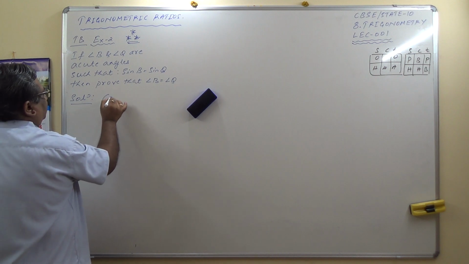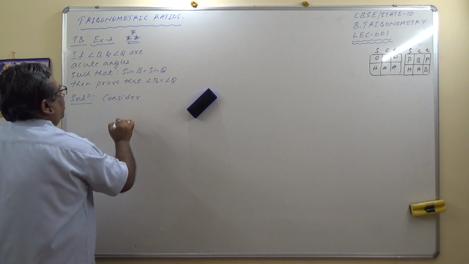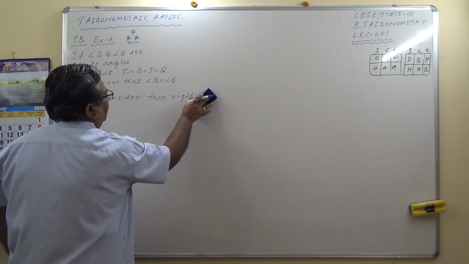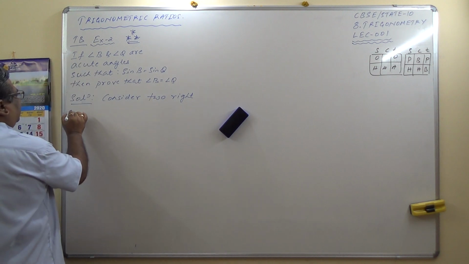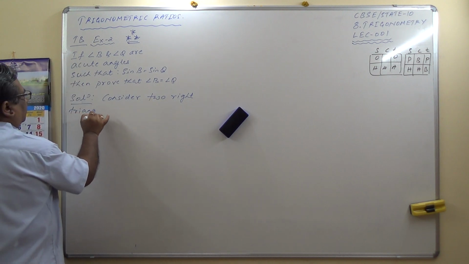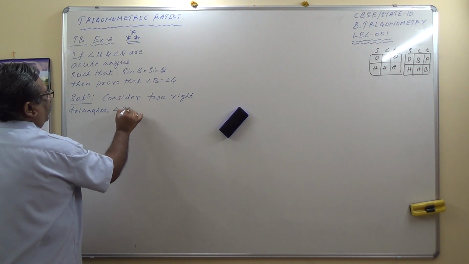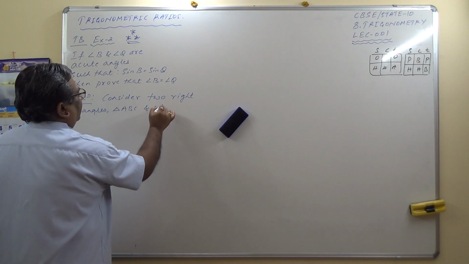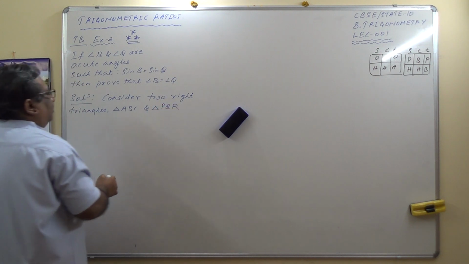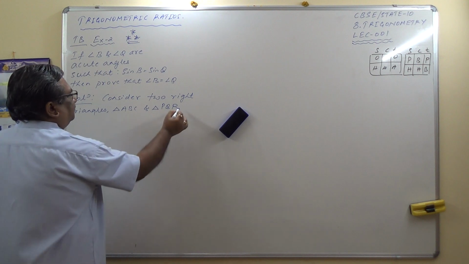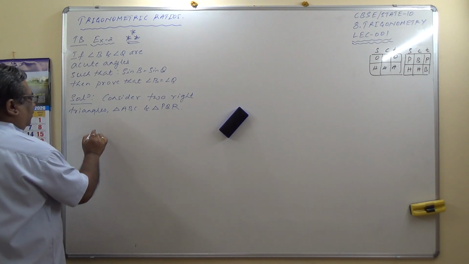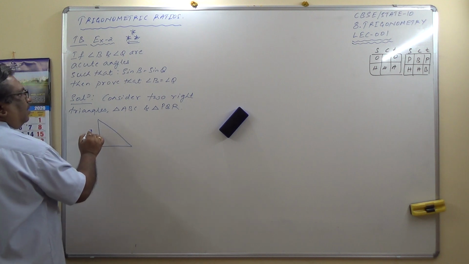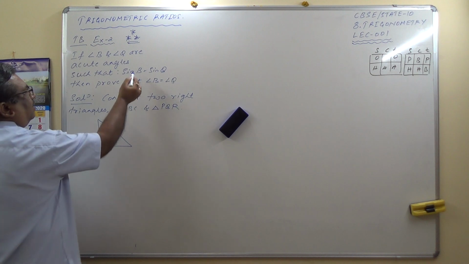Consider two right triangles, triangle ABC, because angle B is an acute angle, and triangle PQR where Q is an acute angle. Okay, so let us draw the diagrams now. Triangle ABC, B should be an acute angle.